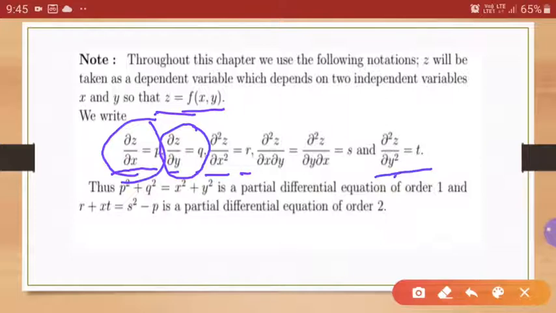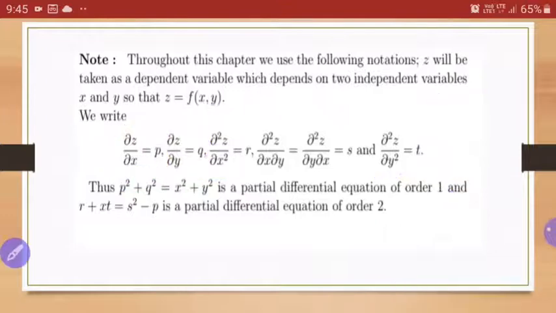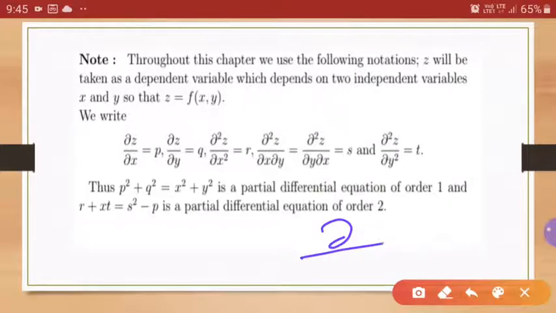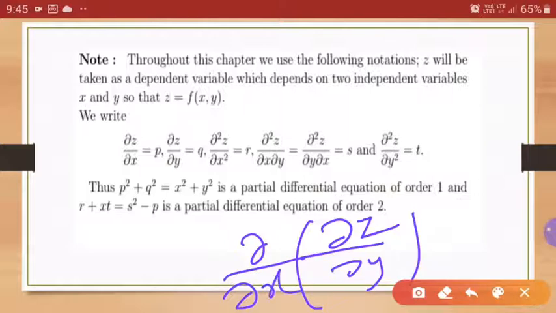So this is the notation which we are going to use in this chapter. Next, if we differentiate del z by del y with respect to x, we get del 2z by del x into del y.